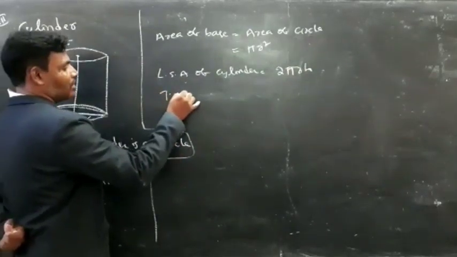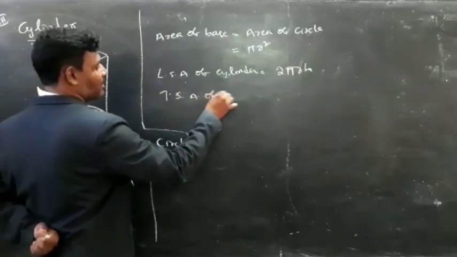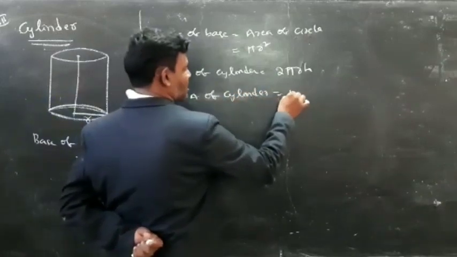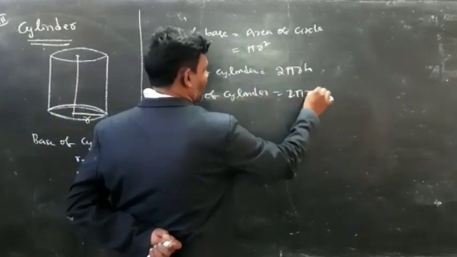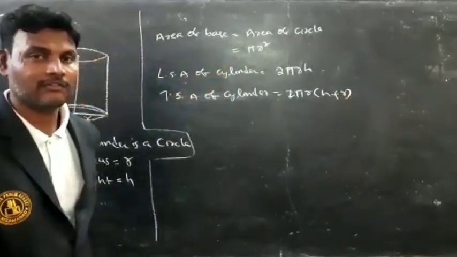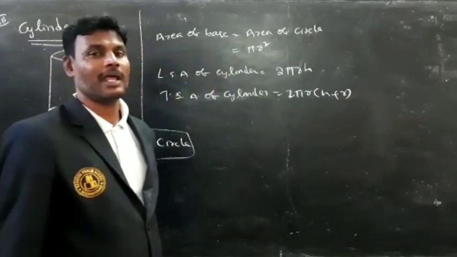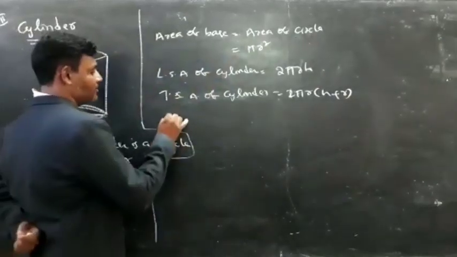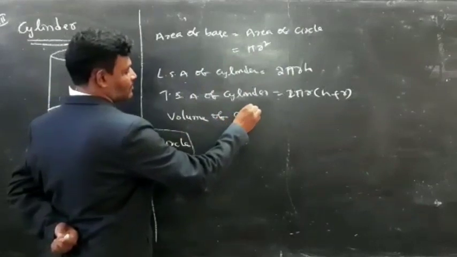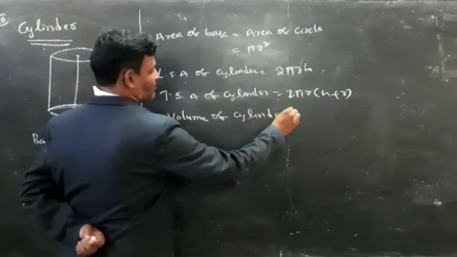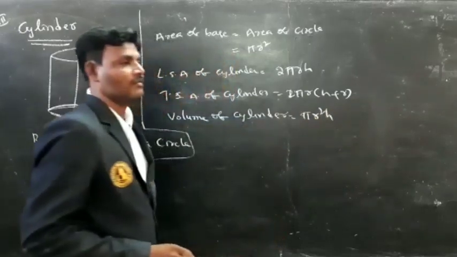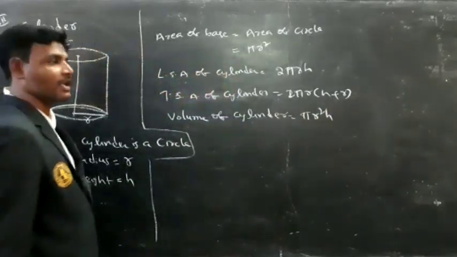Next, total surface area of cylinder is equal to 2 pi r (h plus r). Next, volume of the cylinder is equal to pi r square h.